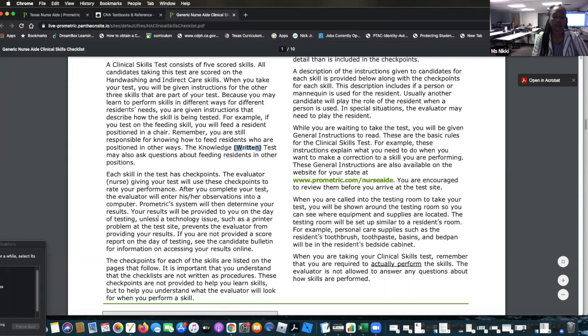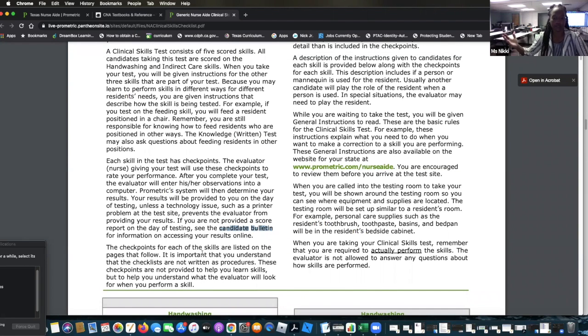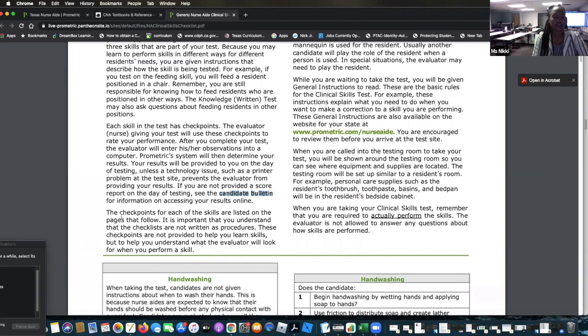Unless a technology issue, such as a printer problem at the test site, prevents the evaluator from providing your results. If you are not provided a score, report it on the day of testing. See the candidate bulletin, which I'll show you where that's at, for information on accessing your results online. So even if the printer messed up, it's still in the system, and you can go online and find out if you passed. Beautiful.